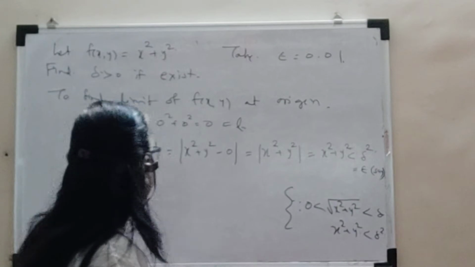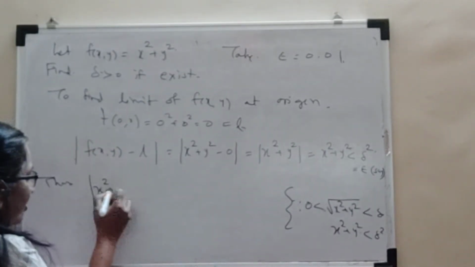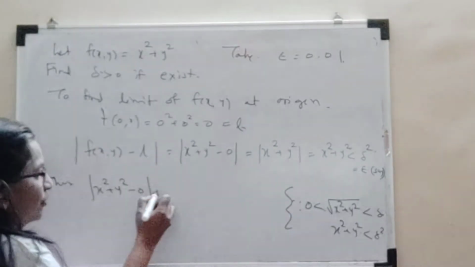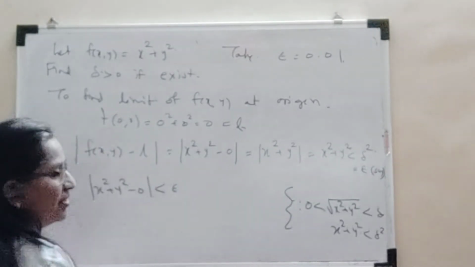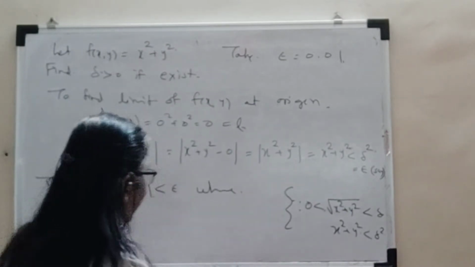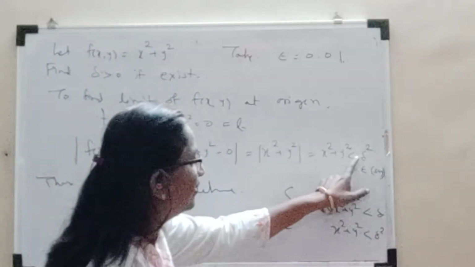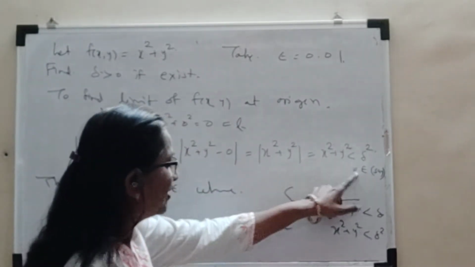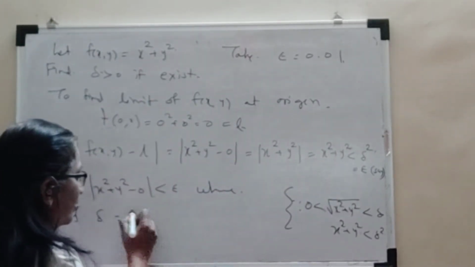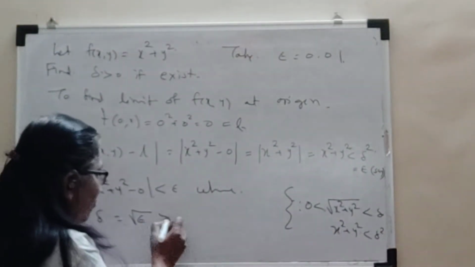So thus what I am getting? Thus mod of x square plus y square minus 0 is less than epsilon, where there exists delta equal to, what is delta? Delta square is equal to epsilon. So delta is equal to square root of epsilon, which is also the positive square root.